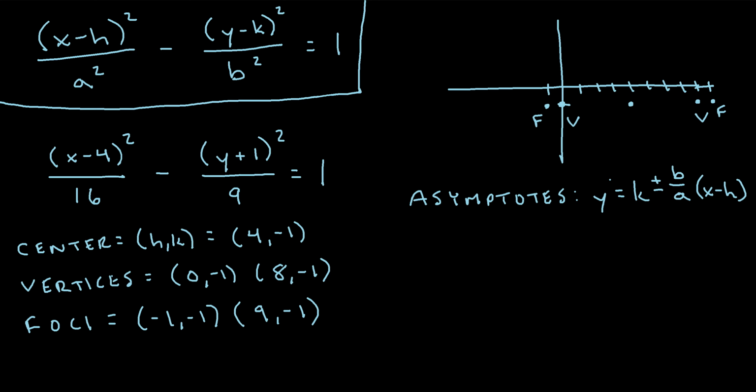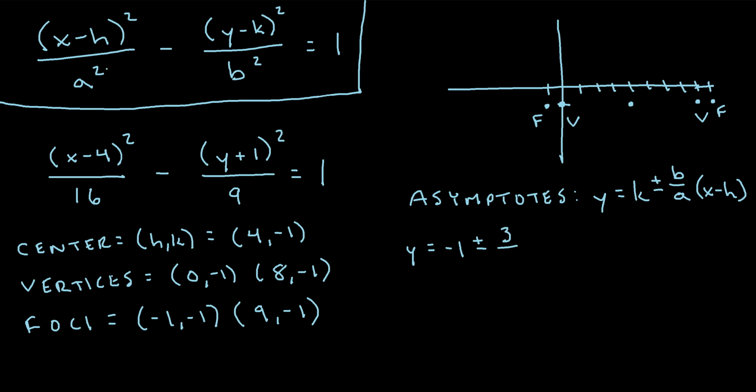We have all the values that we need to fill in for this equation. So let's write y is equal to k, which we said was -1, so -1 plus or minus b. We said that b squared was equal to 9, so b is equal to the square root of 9, which is 3.